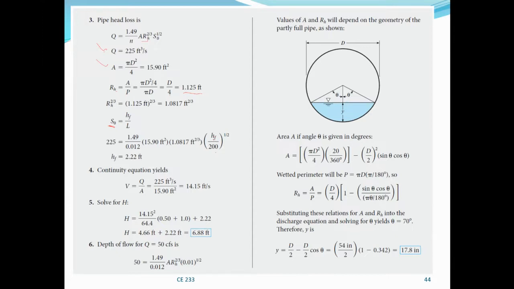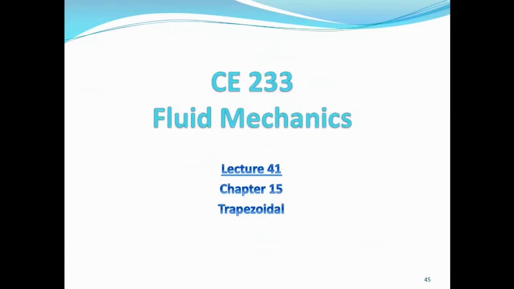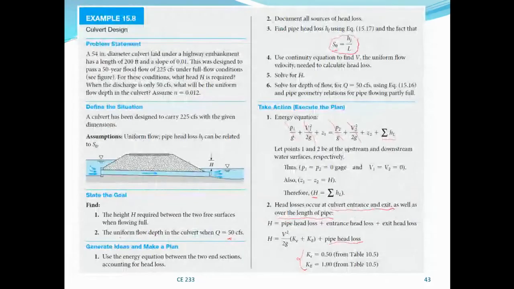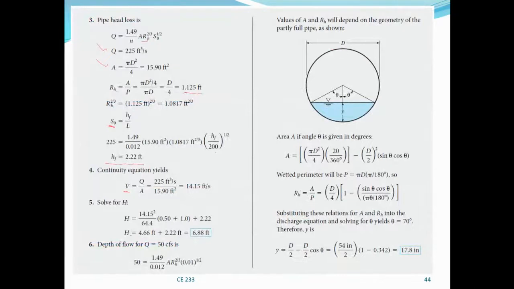So the only unknown here is the frictional head loss, which we found. And we can now use the continuity equation to find the velocity in the pipe. Once we do that, we go back and substitute the velocity into the pipe head loss, which is exactly what we did here. So this is the difference in head between the upstream and downstream section.